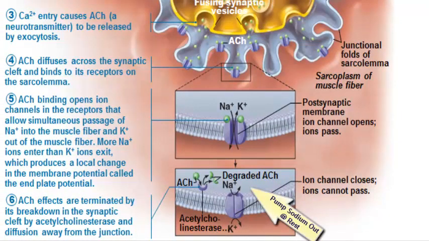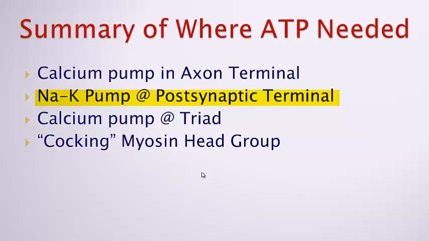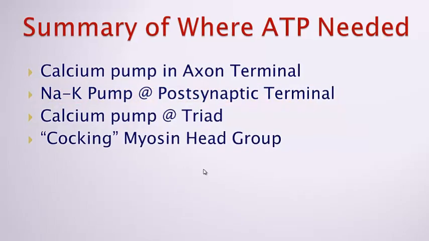But if we did this repeatedly without pumping the sodium back out, at some point when I open those gates, sodium would move out instead of move in, because remember, it's simple diffusion. So we have to actively pump at rest the sodium that moved into the cell at the neuromuscular junction back out, so we can reestablish that resting membrane potential.